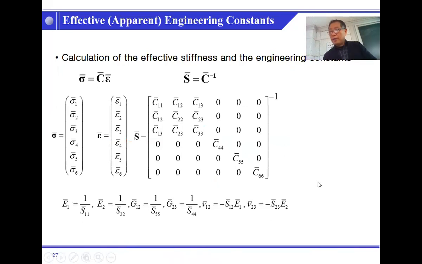Now, just the relation between compliance and stiffness matrix: sigma and epsilon, and the C matrix. There is an A bar here, but I will redefine this bar. We don't need to pay much attention to it here. Simply, epsilon equals S times sigma.